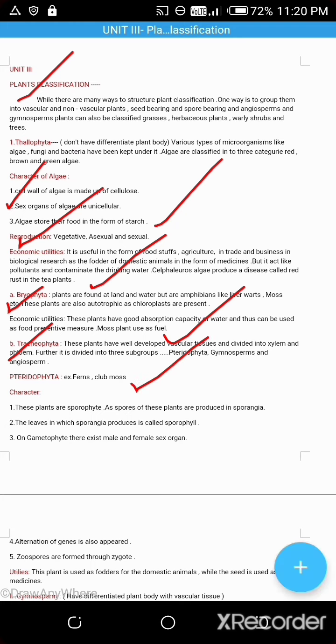Characters: these plants are sporophytes, as spores of these plants are produced in sporangia. Number 2. The leaves in which sporangia are produced are called sporophylls. Number 3. On the gametophyte, the egg is the female and the male sex organ.